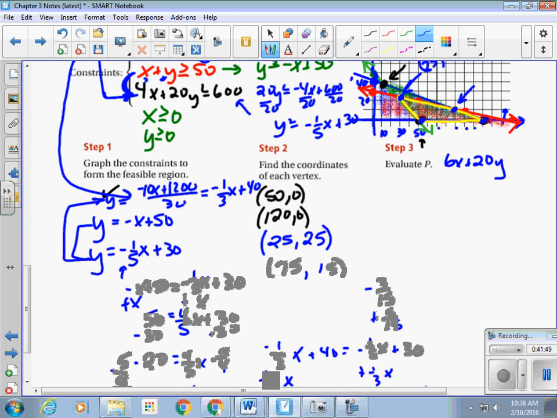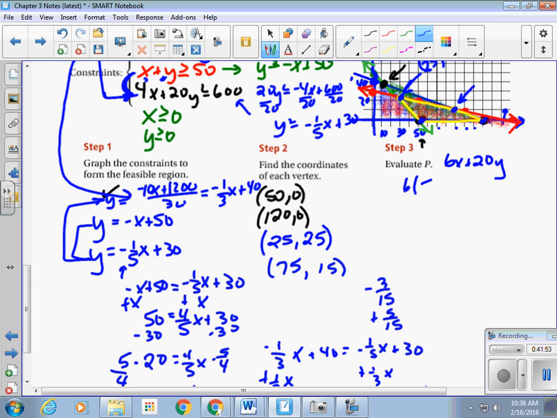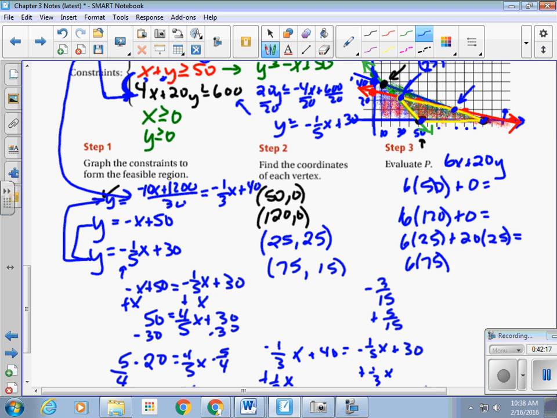So we're going to plug in 50 for x and 0 for y. We're going to plug in 120 for x and 0 for y. We're going to plug in 25 for x and 25 for y. And then we're going to plug in 75 for x and 15 for y.